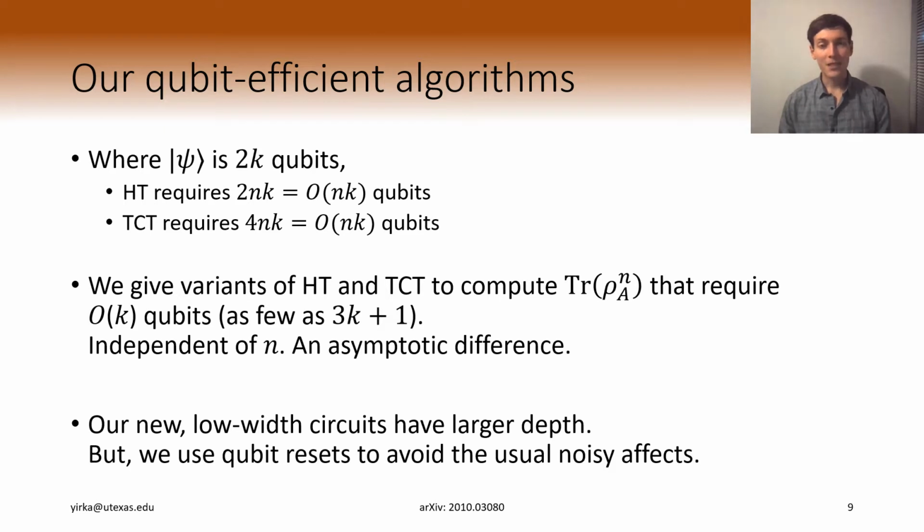The number of qubits is independent of n. That's an asymptotic improvement. Now the catch, or cost, of our new low width circuits is that our circuits have a larger depth than the original ones. But we use qubit resets to avoid the usual noisy effects of this larger depth, and so beat the usual trade-off between depth and width.